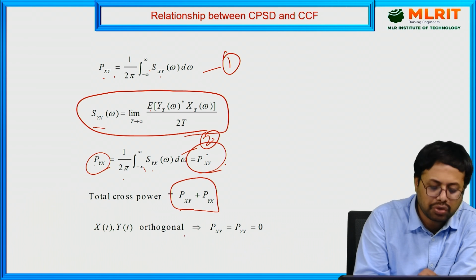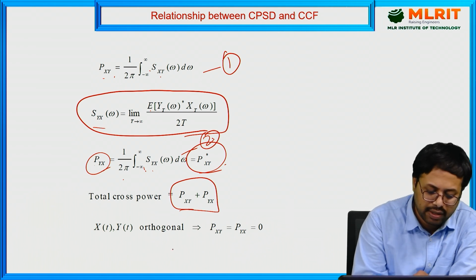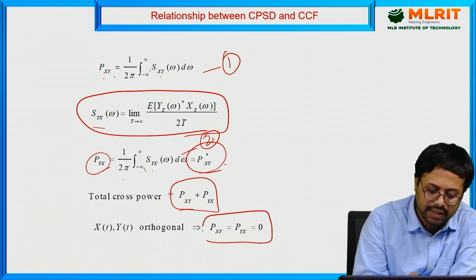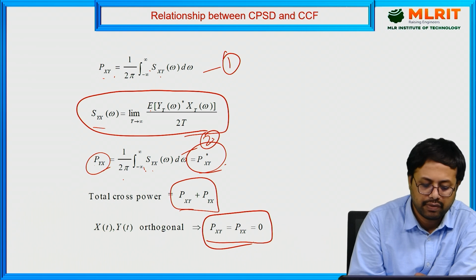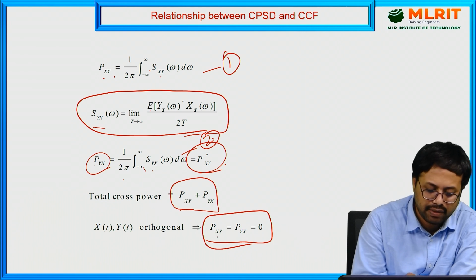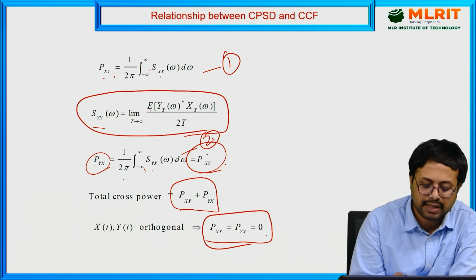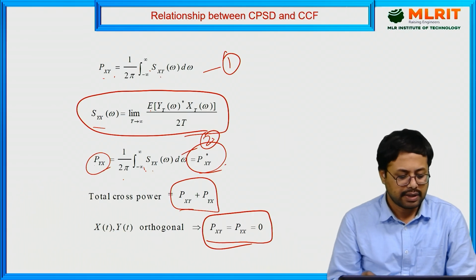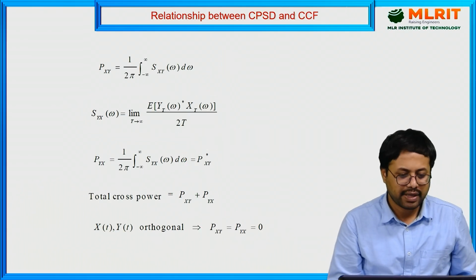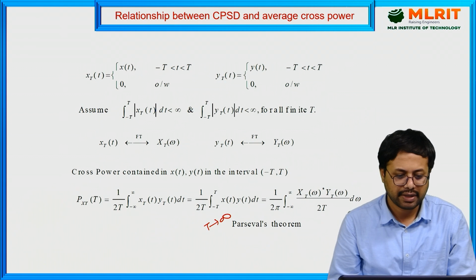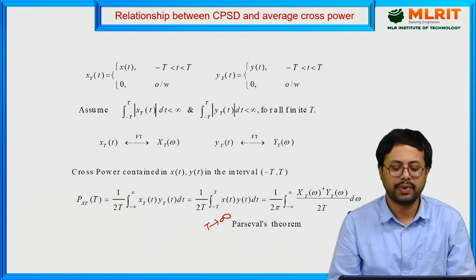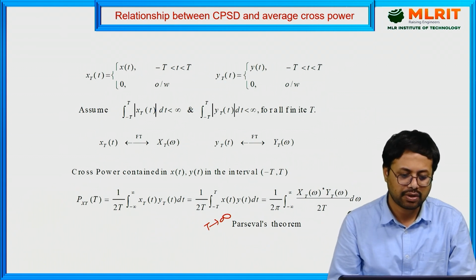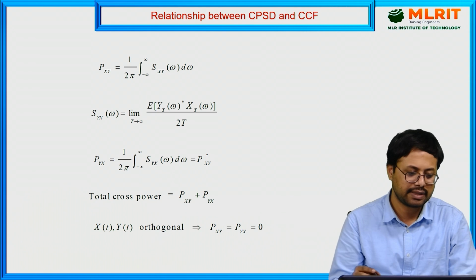When they are orthogonal to each other, the resultant will be equal to 0. This is the relation between average cross power and cross power spectral density.